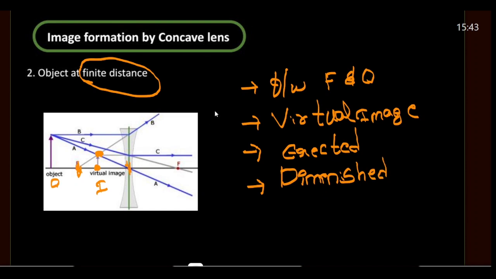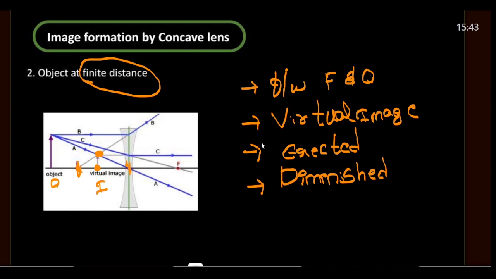So of all these cases, what have you understood? If we talk about convex lenses, a convex lens always forms a real and inverted image, except in one case, when we place the object between the focus and the optical center. Only in that case we get a virtual image, and that too magnified.